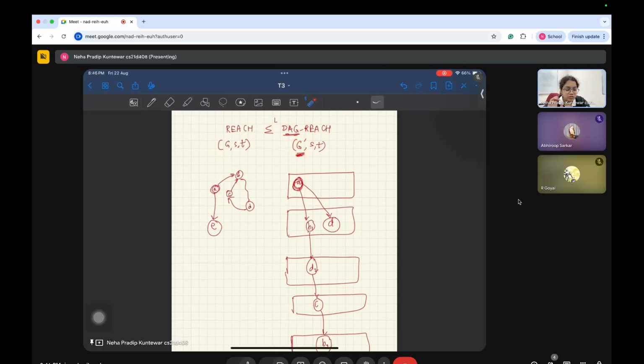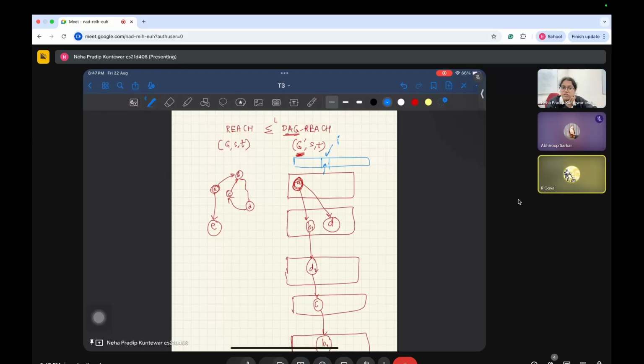I don't want you to tell me this whole thing in logarithmic space. It could be larger, but if I tell you the ith bit, you should be able to compute the value at that index, 0 or 1, in logarithmic space. That's the only thing I need. It does not mean I should give you the whole graph or store it in logarithmic space. Only the ith index should be computable in logarithmic space.